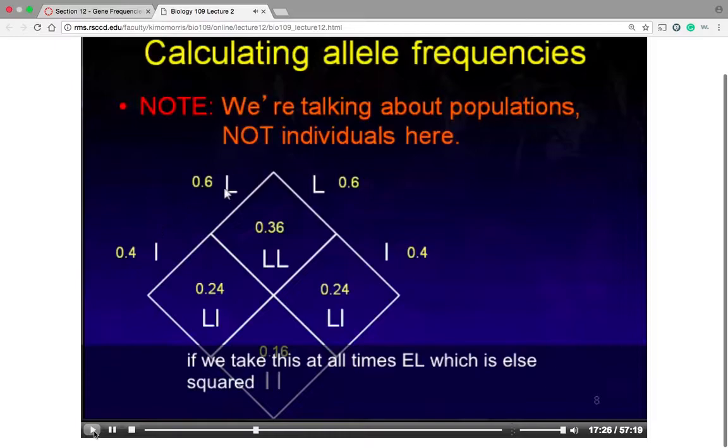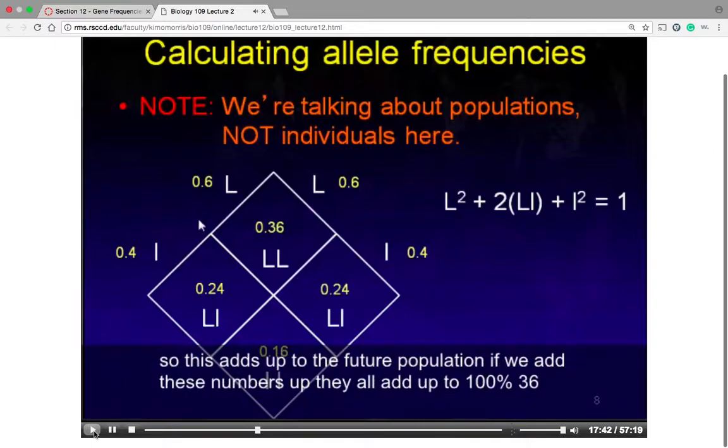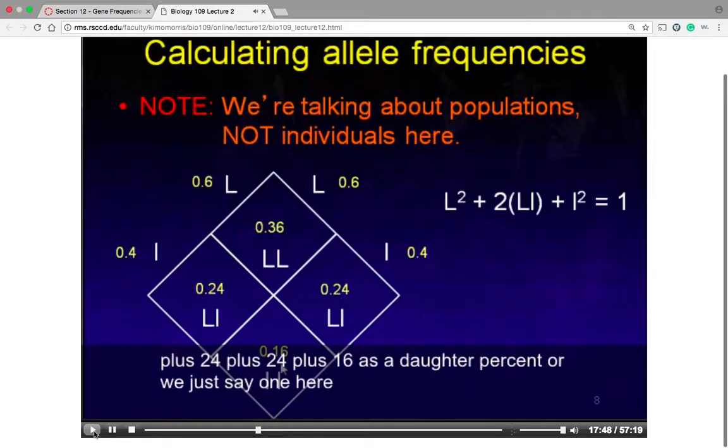If we take this L times L, which is L squared, and big L times little l, notice we have two of them, so it's 2 big L little l's, and then little l squared, the equation looks like this. So this adds up to the future population. If we add these numbers up, they all add up to 100%. 36 plus 24 plus 24 plus 16 adds up to 100%, or we just say 1 here.